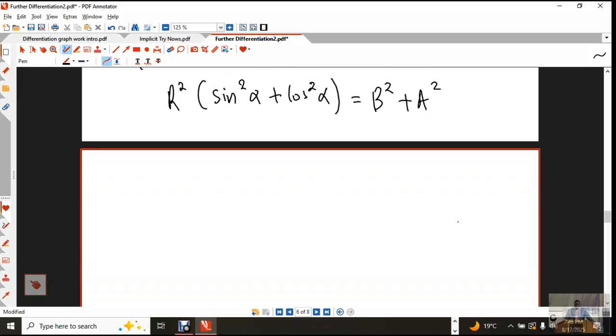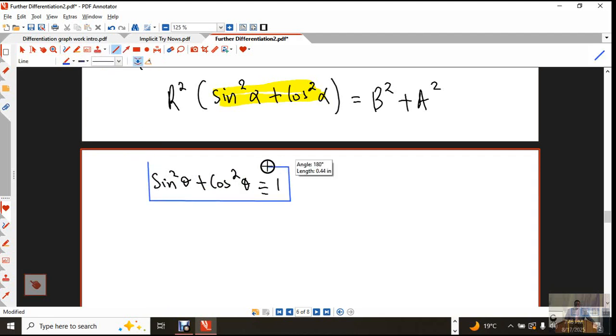Right, I think you should now be familiar with your Pythagorean identity, where you should know that sine squared theta plus cos squared theta is equal to 1. This is something that we expect you to know.